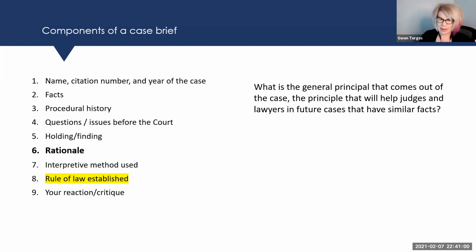So in the Greece versus Galloway case, the rule of law is that these legislative prayers, even sectarian ones, don't violate the Establishment Clause. And that was kind of the new twist to it, even sectarian. And because legislative prayers are different because they rely on history, something like that. It can be a little bit tough.